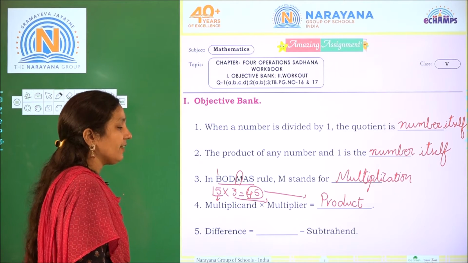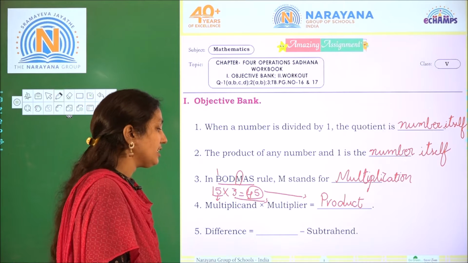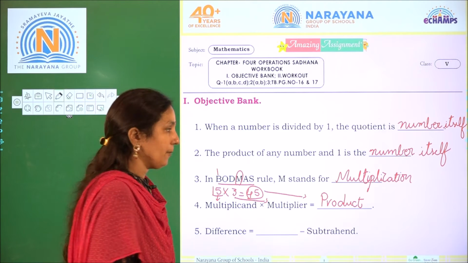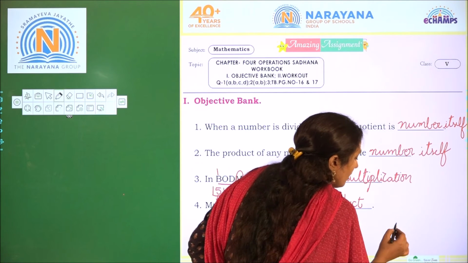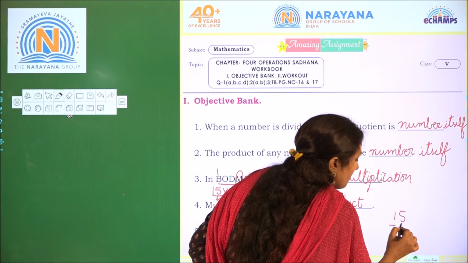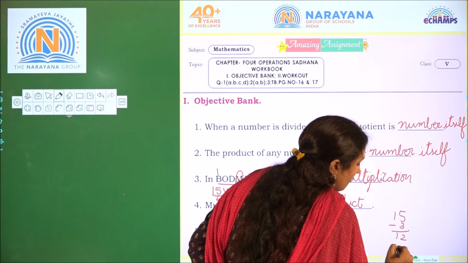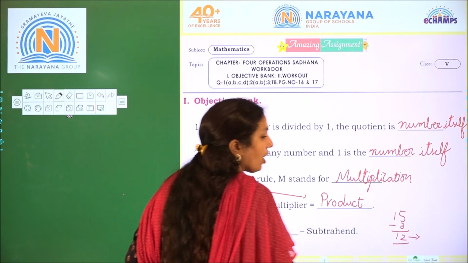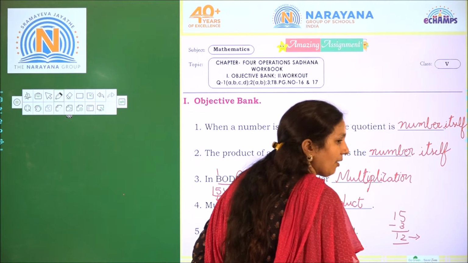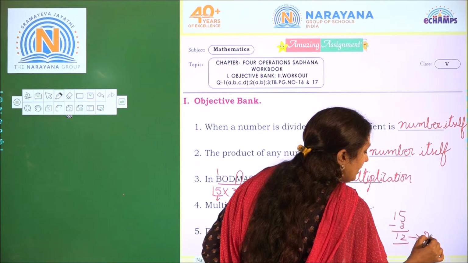Next, difference equal to dash minus subtrahend. Suppose take 15 minus 3. What did you get? 12. So the result of subtraction we call difference.